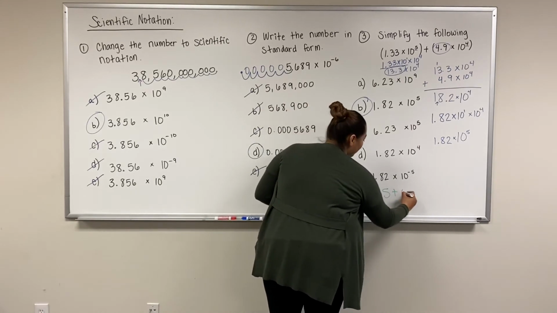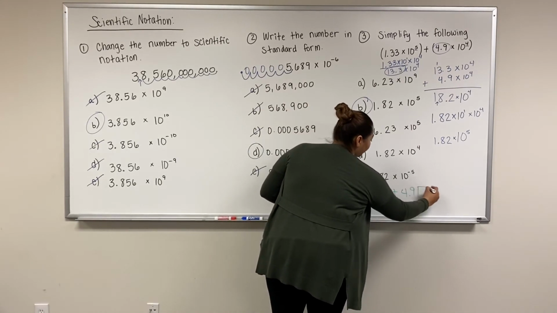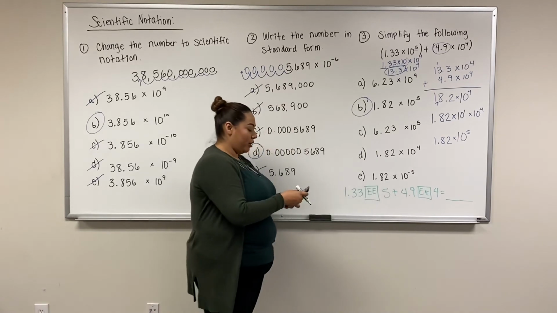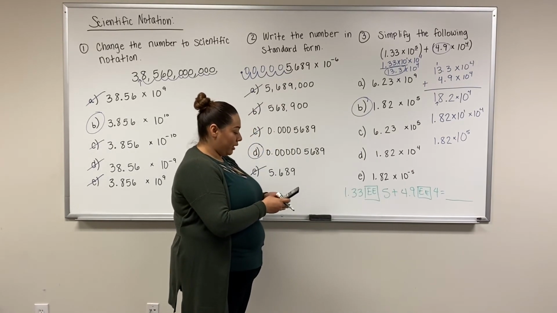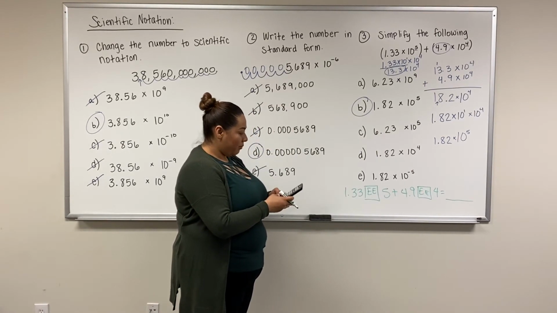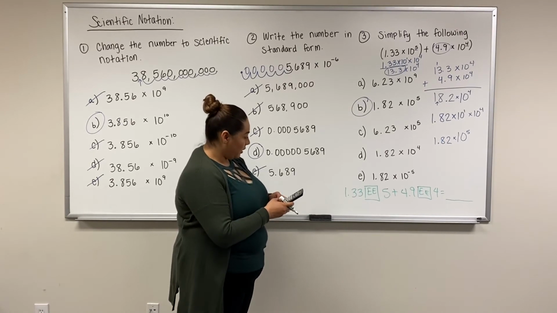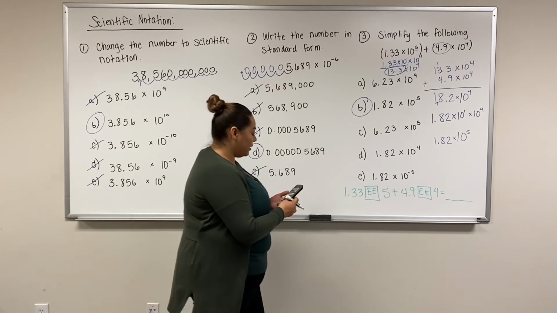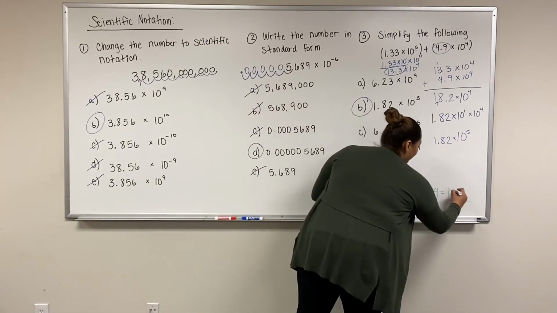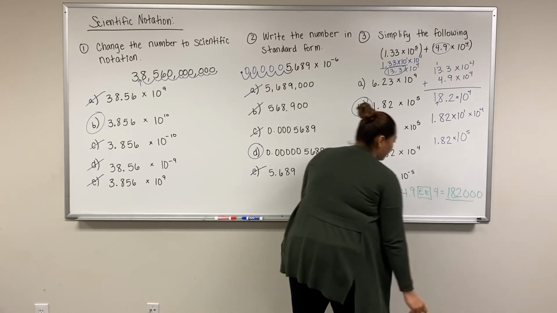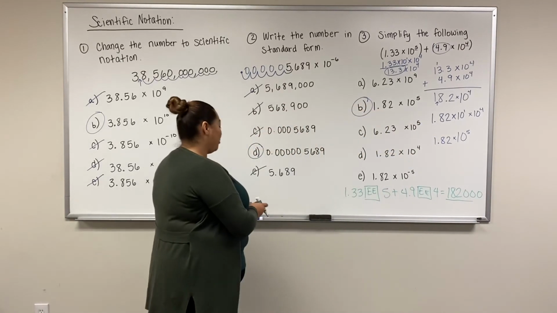Plus 4.9 EE 4 equals. Let the calculator do the problem for you. So we're going to put 1.33 EE 5 plus 4.9 EE 4 equals, and it gives us 182,000.